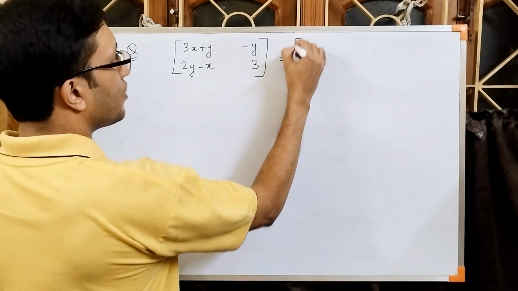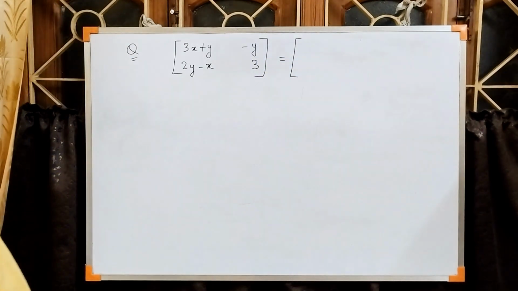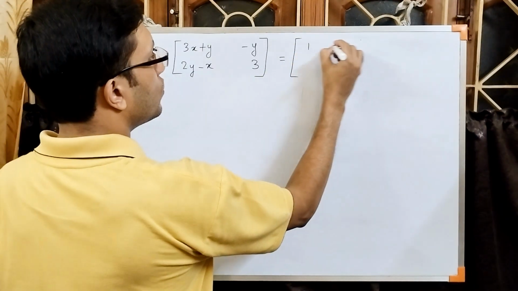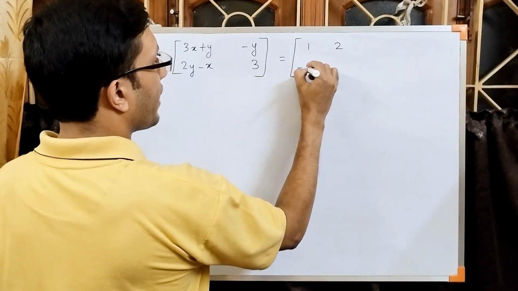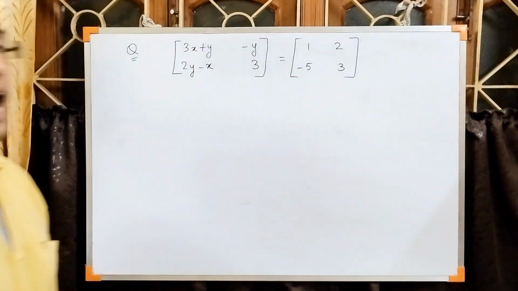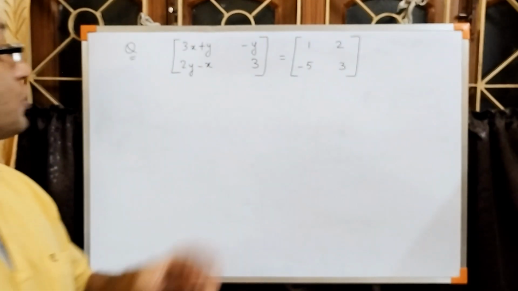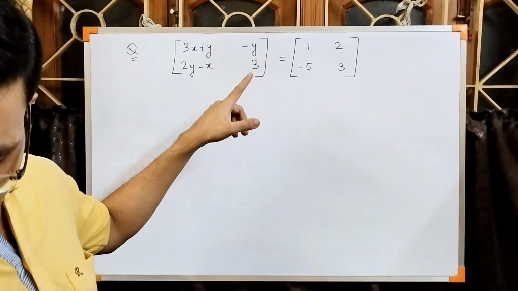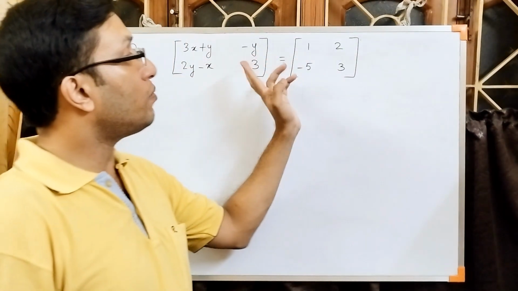This matrix is equal to another matrix, that is 1, 2, minus 5 and 3. This is given.